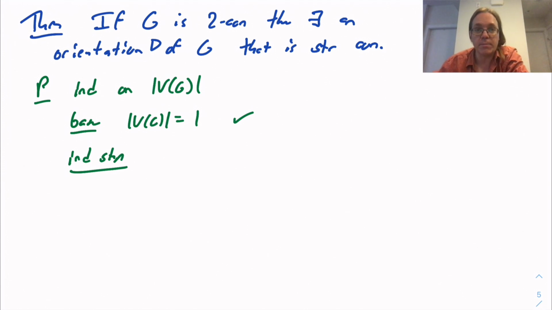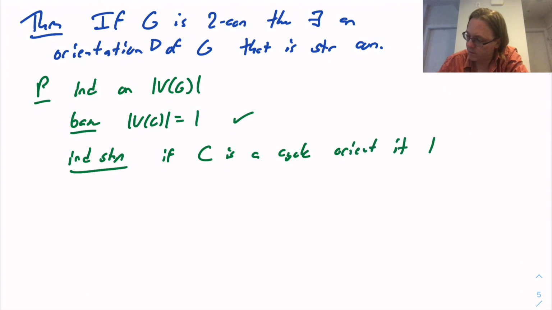For the inductive step, I'm now going to ask, is G actually a cycle? If G is a cycle, then we orient it to be a directed cycle. That's easy enough. Of course, this is a thing we can do.